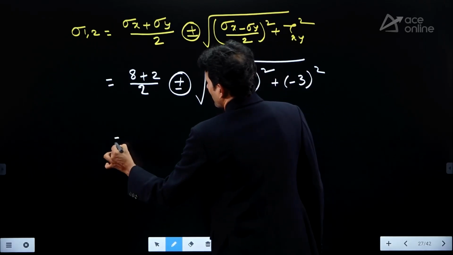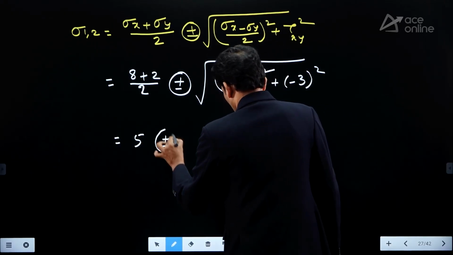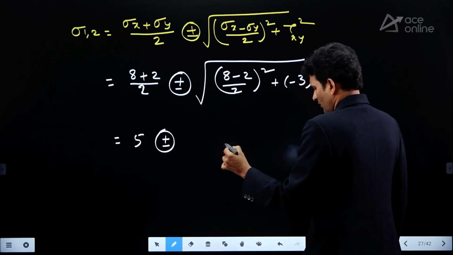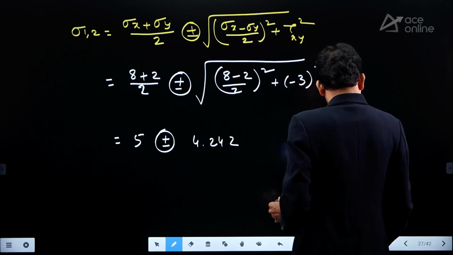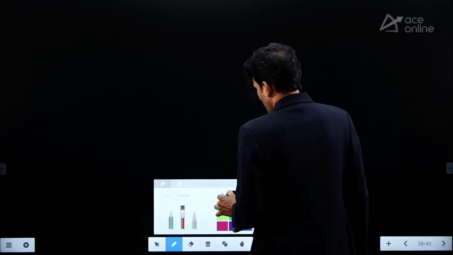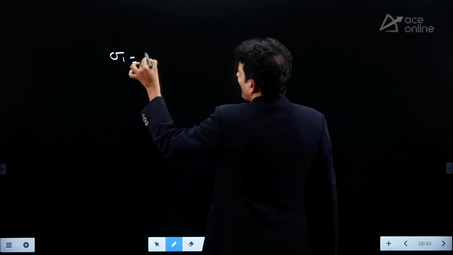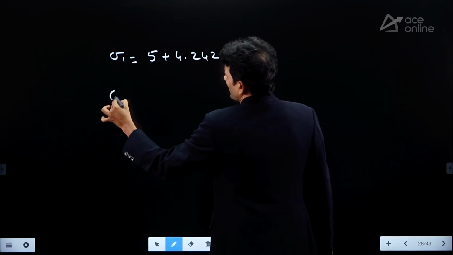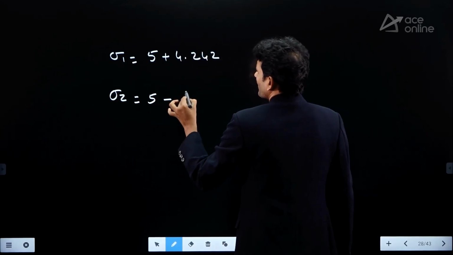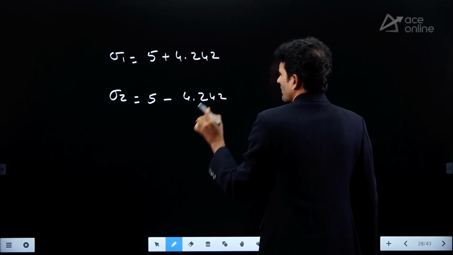10 by 2 is 5 plus or minus this term, which is 4.242. Then sigma 1 equals 5 plus 4.242 and sigma 2 equals 5 minus 4.242.